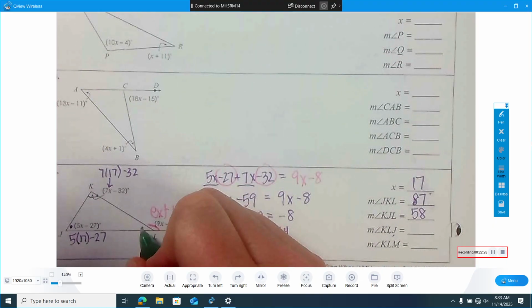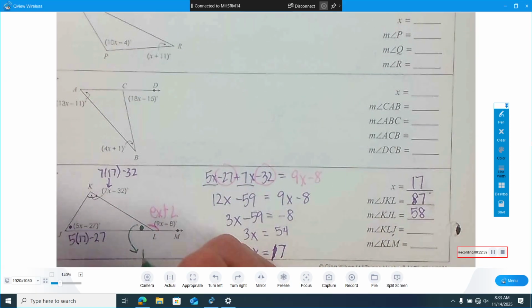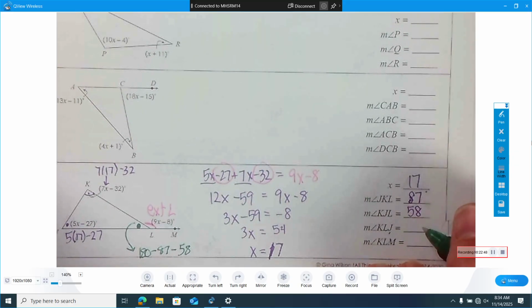That's this angle right here. It's the interior angle. 35. So 180 minus these two, so minus the 87 and minus the 58, does give me 35.